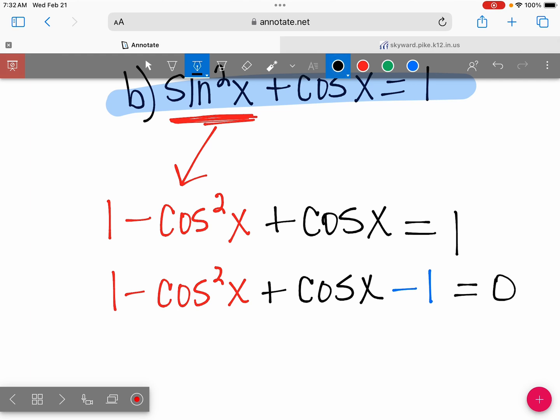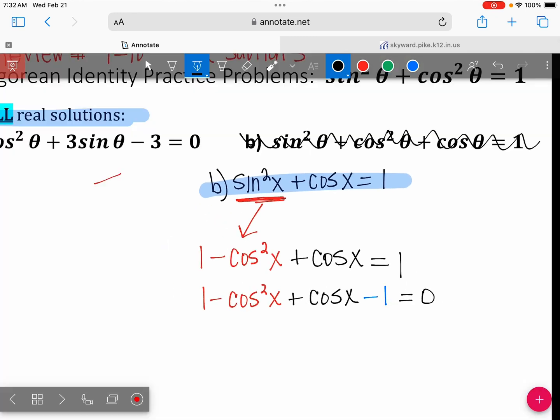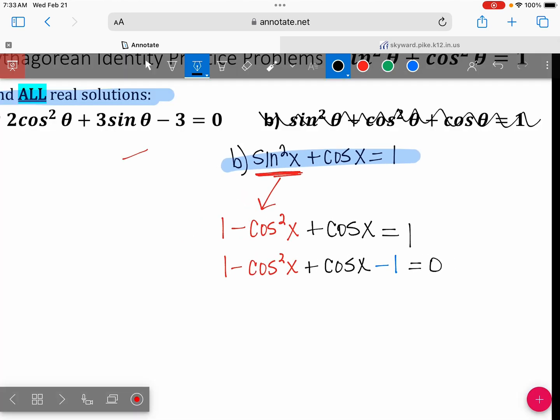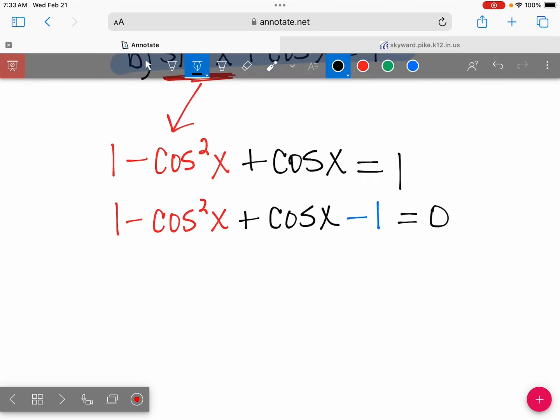All right, so I'm trying to make it all colorful, so we're hopefully staying along. This one is easier than what we did yesterday. What should you do now? Combine your like terms, or cancel out your like terms. Yep, cancel out your like terms. So you have 1 and a negative 1.